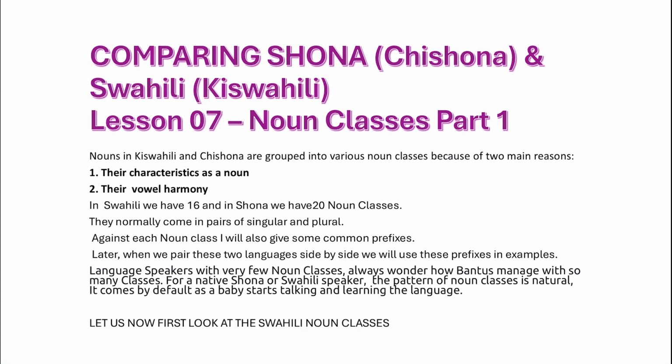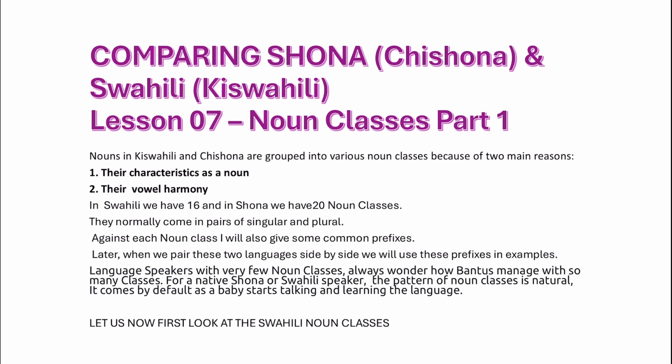Noun classes in Swahili and Shona are grouped in various noun classes because of 2 main reasons: their characteristics as a noun and their vowel harmony. In Swahili, we have 16, and in Shona, we have 20 noun classes. They normally come in pairs of singular and plural.